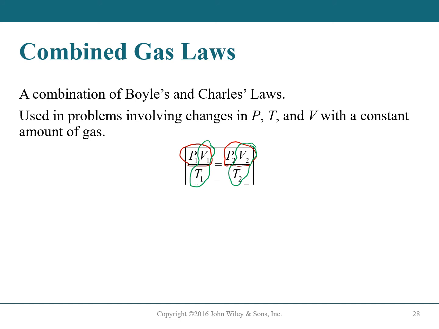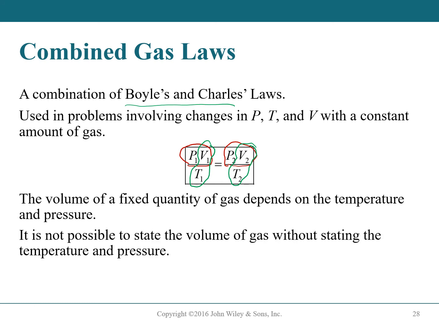So the combined gas law is a combination of these two. All we're holding constant now is the number of moles of gas particles. So when you see any problem that changes pressure, temperature, and volume, we're using the combined gas law.